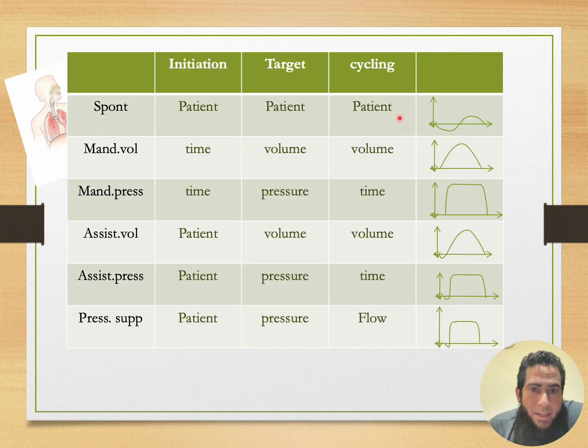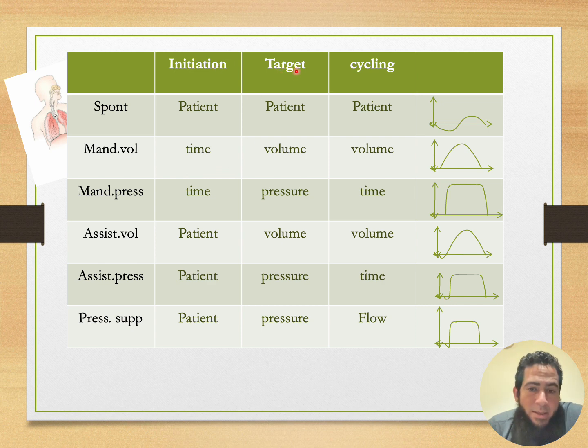So in order to make it easy, we can compare all these types of breathing together in one table. The points of comparison will be initiation, target, and cycling. Initiation is how the breathing starts and who's controlling it. Is it the patient, or the machine after a certain time, for example?